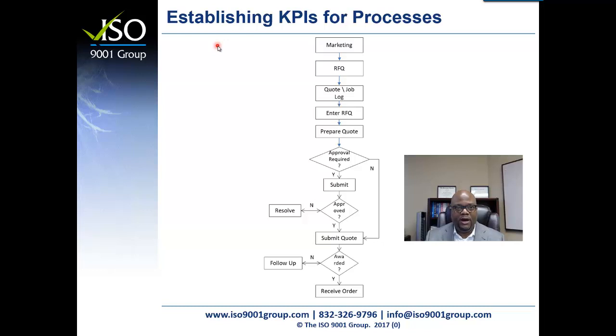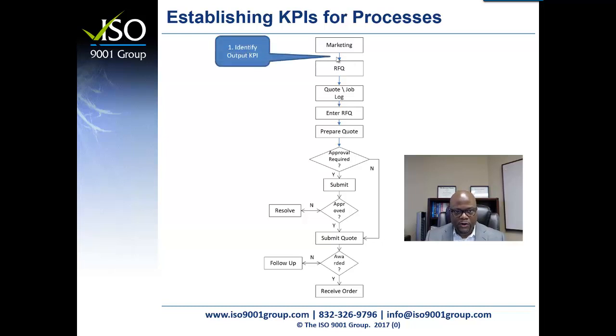So as we talked about, a process is designed to achieve something. And so the output is what it's achieving. So let's just say, for example, in our marketing process here, the output of the marketing process should be opportunities for the organization or requests for quotes.